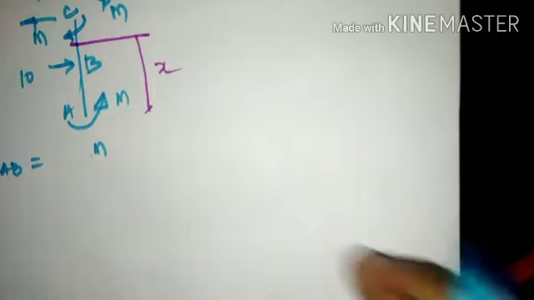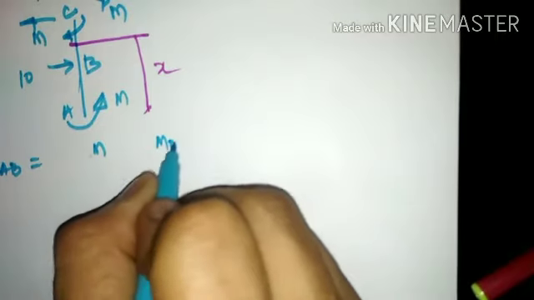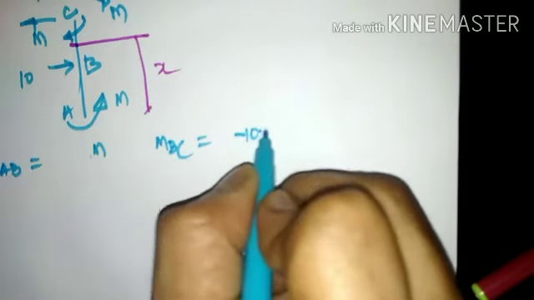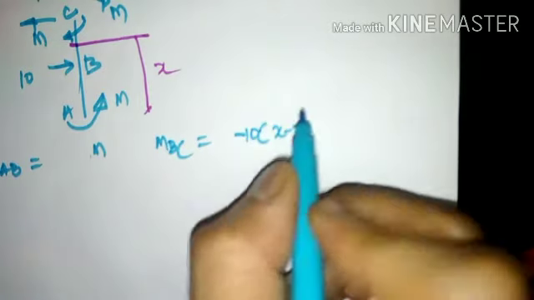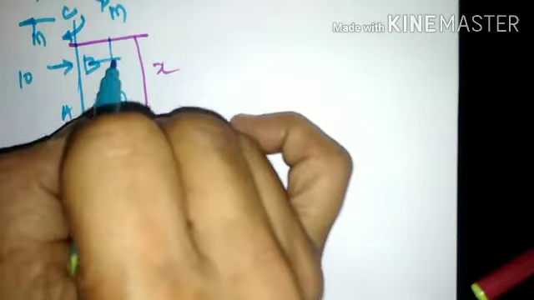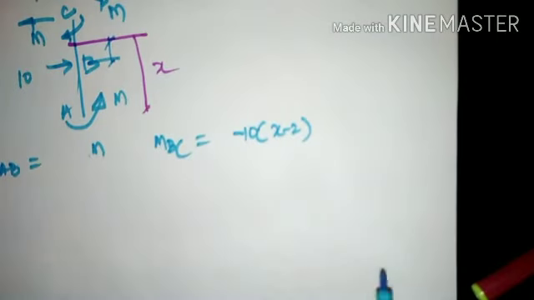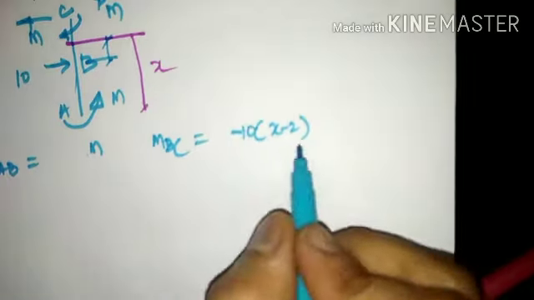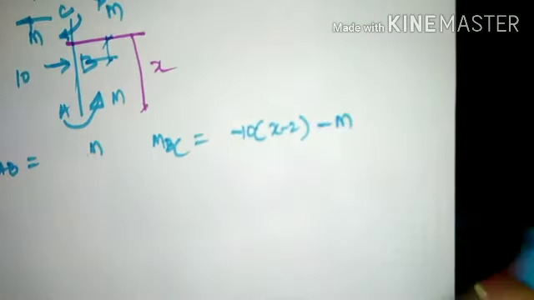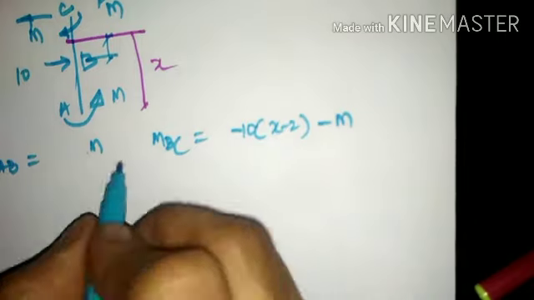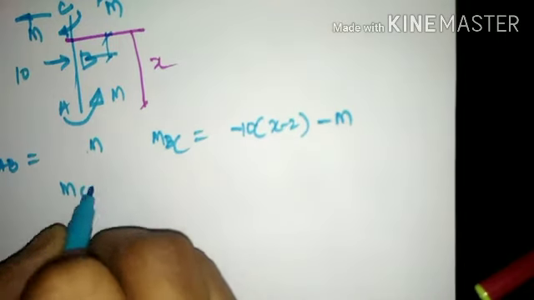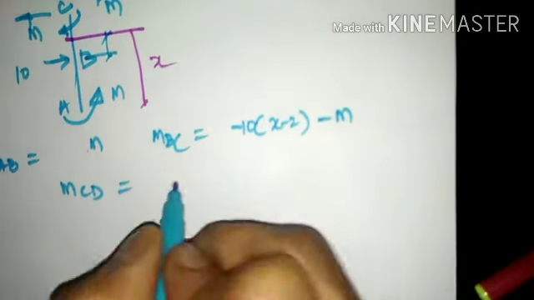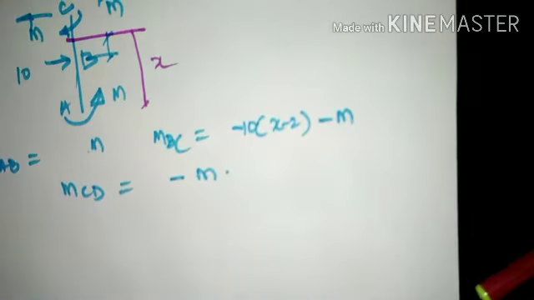So MBC, when I write it up now here, MBC will be minus of 10 into (x minus 2), because this particular distance will be x minus 2, and M is in the anti-clockwise direction. So minus 10 into (x minus 2) minus M. Then the last term here is MCD, which will be minus M again further.